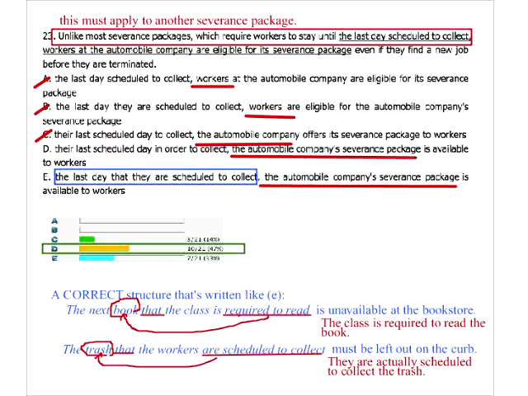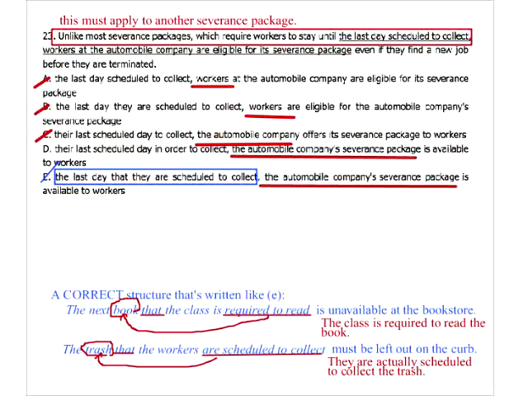There's one exception to this, not to derail the discussion too much here, but there is one type of construction that you can write in this way that is not the object of a verb. Let me show you what that is.